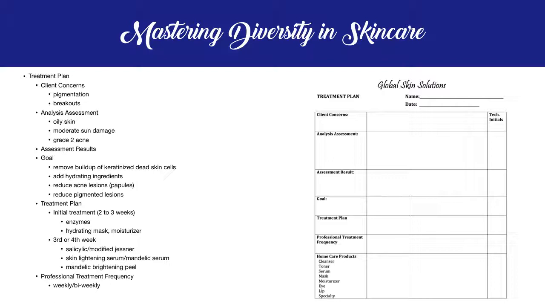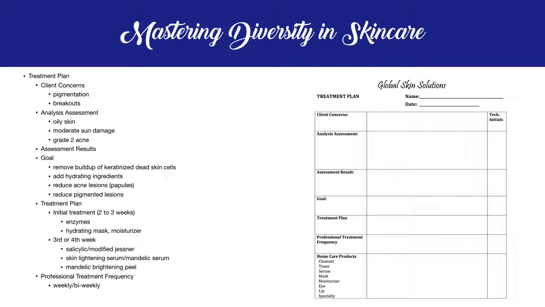So my goal was to remove the buildup of keratinized dead cells and add a lot of hydrating ingredients to that skin. You want to reduce the acne lesions as well as the pigmented lesions. So that's basically the goal in a nutshell.